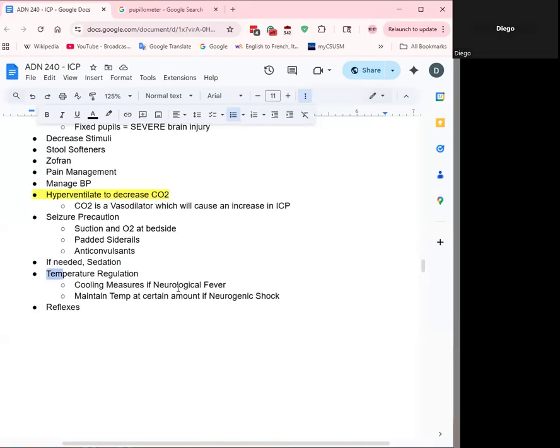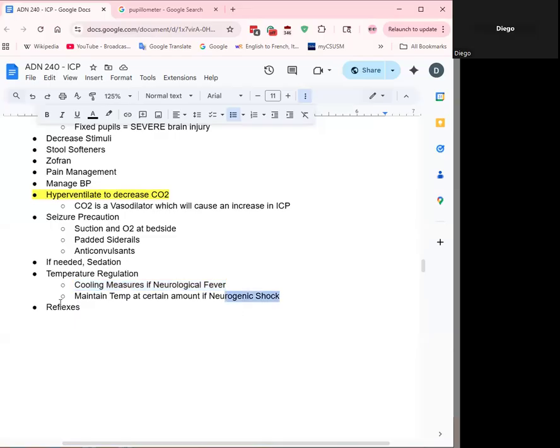Like I mentioned, there's temperature regulation. A lot of times it's a neurological fever, is what they call it. So they need cooling measures to help decrease some of the swelling, but also to allow the brain's metabolism to be a little bit slower and more permissive with the oxygen demand.